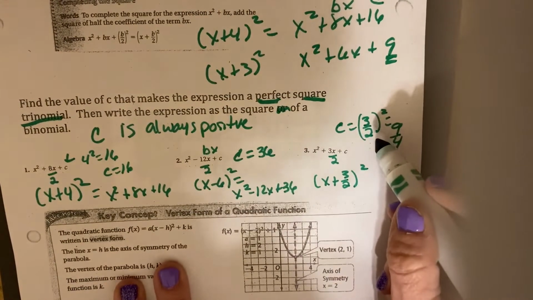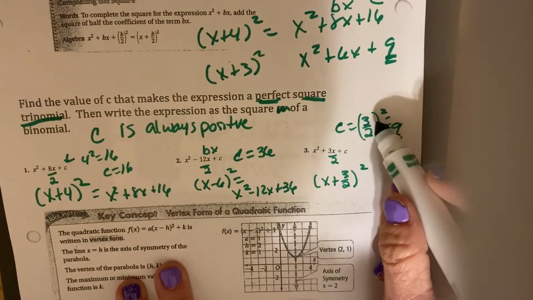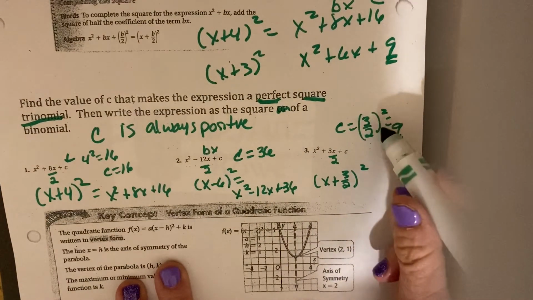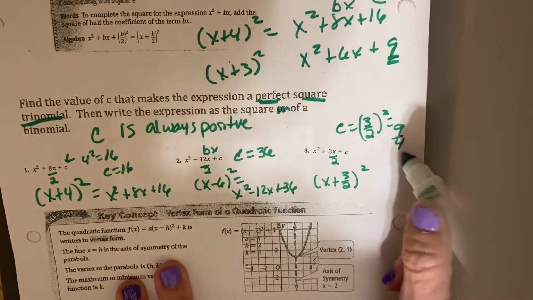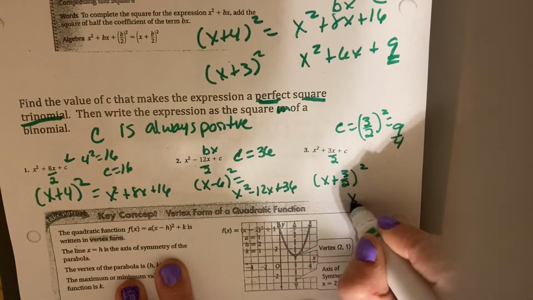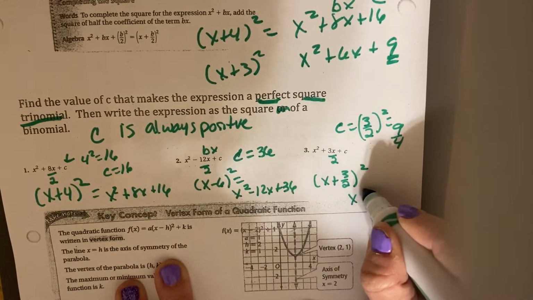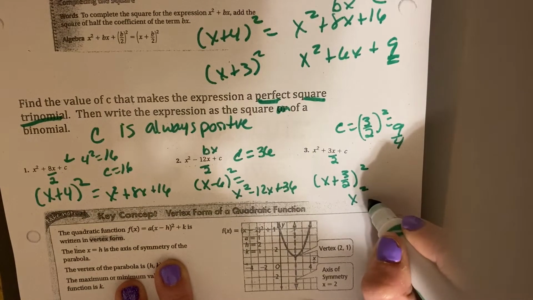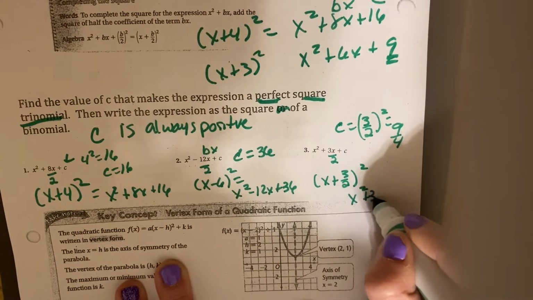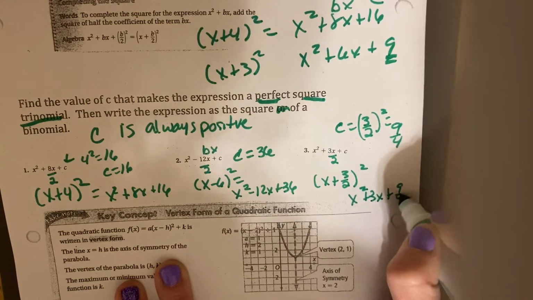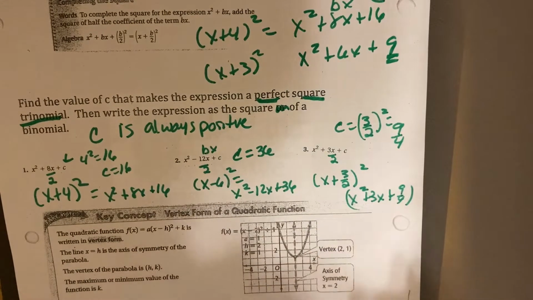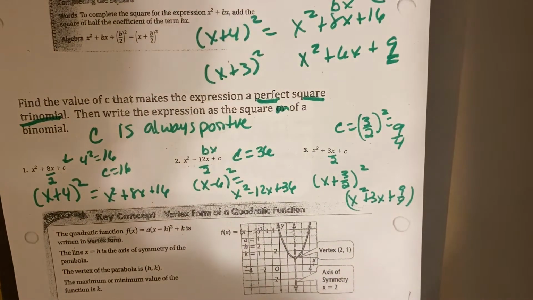Now make sure that you always reduce. So if this was 6 over 4, you would want to reduce that. And so our c is equal to 9/4. So as a perfect square trinomial, this would be x squared plus 3x plus 9/4. Okay.